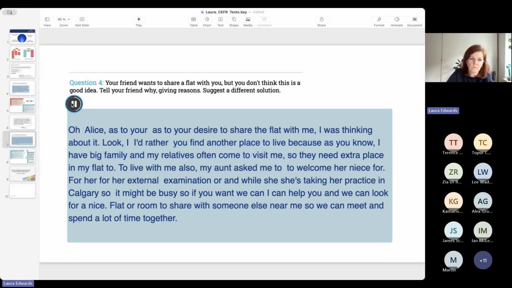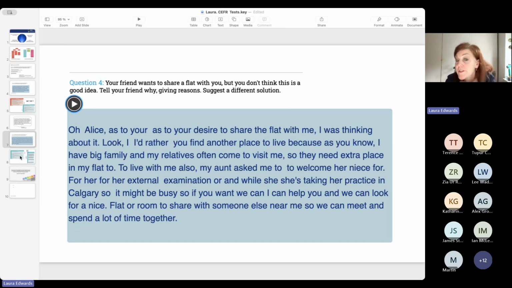Also, my aunt asked me to welcome her niece for her external examination, and while she is taking her practice in Calgary, so it might be busy. So if you want, I can help you, and we can look for a nice flat or room to share with someone else near me, so we can meet and spend a lot of time together.